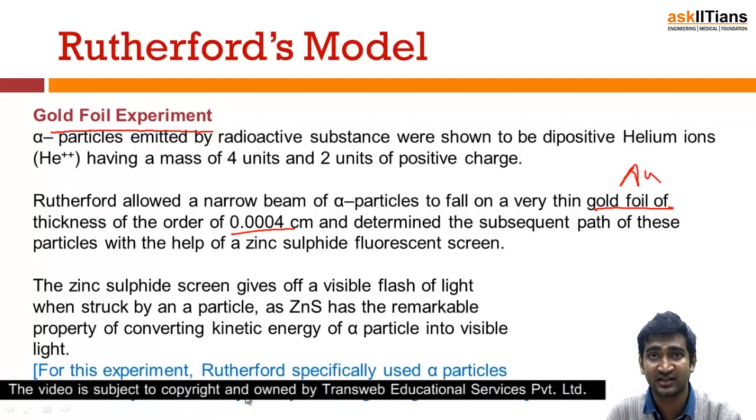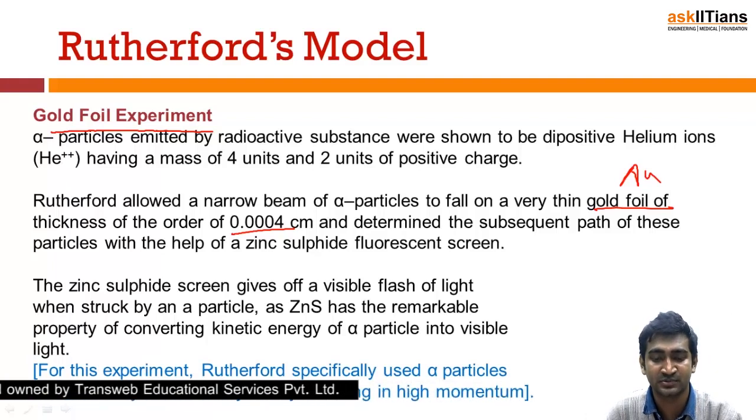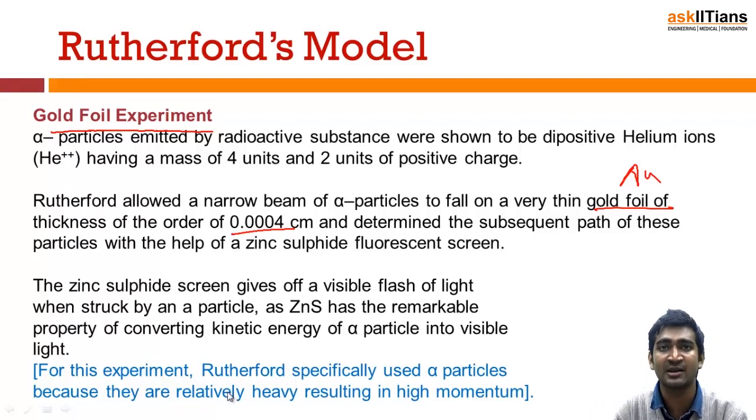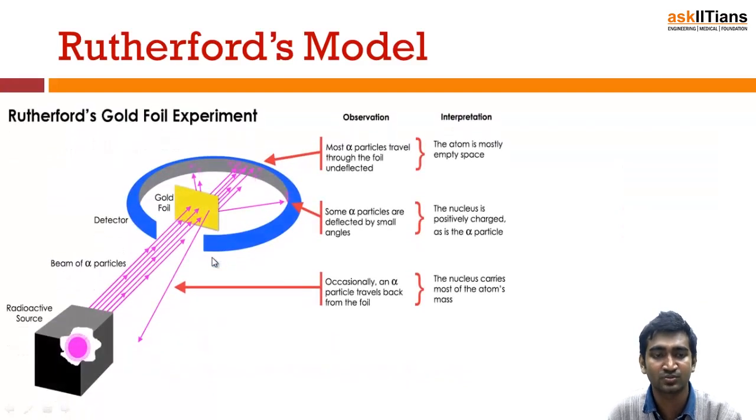Note here that Rutherford specifically used alpha particles because they are really heavy, resulting in high momentum. Whenever those particles hit the zinc sulfide layer, a scintillation pattern is observed. This was the model. Here is the source of alpha particles, the radioactive source, and it is emitting alpha particles.